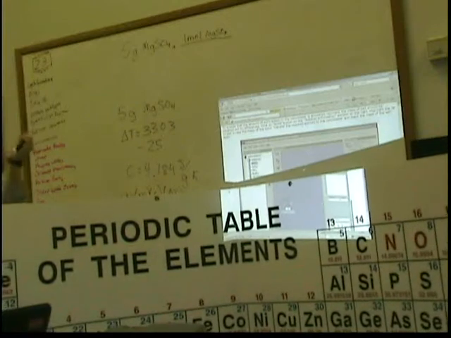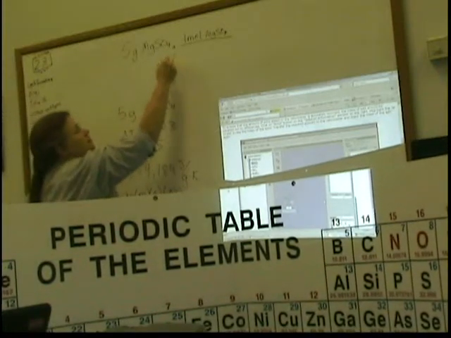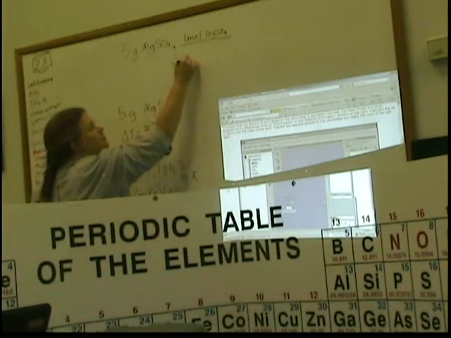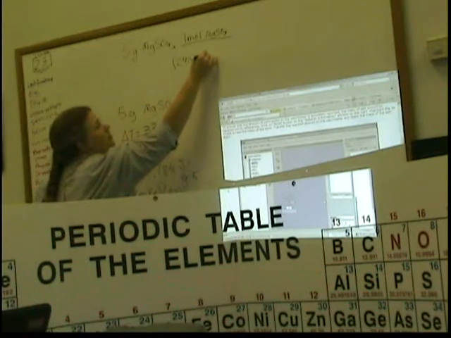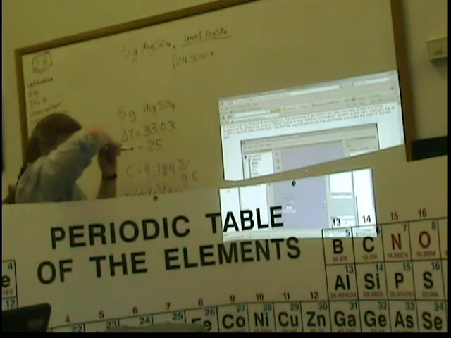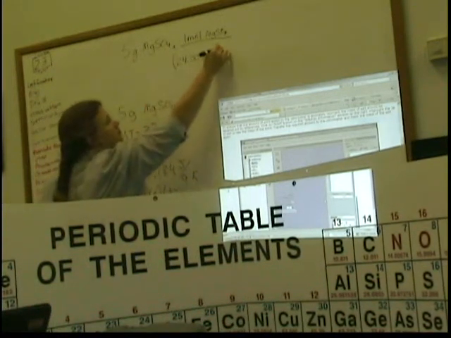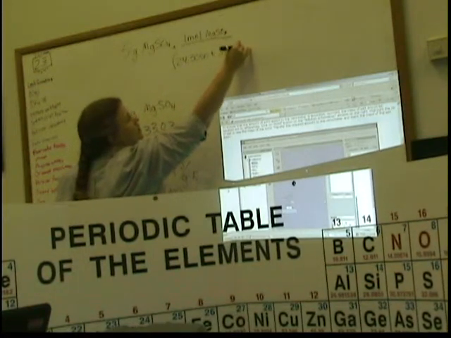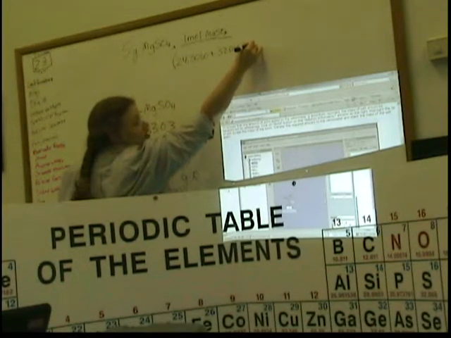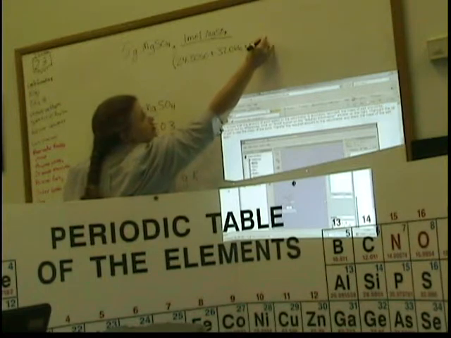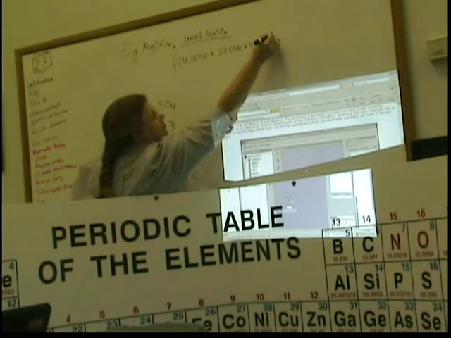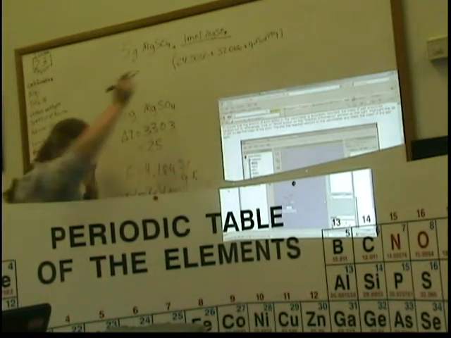So magnesium, someone read off to me what that is. 24.50. Plus sulfur? 32.066. And then I need 4 oxygens. 2.9994. Okay, yeah.